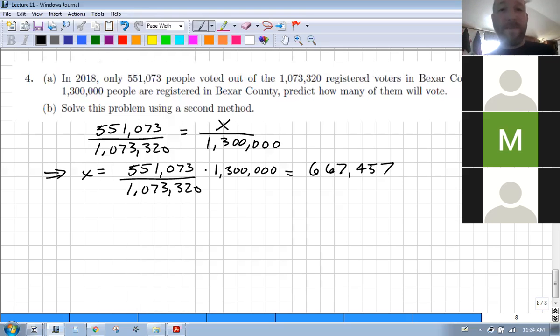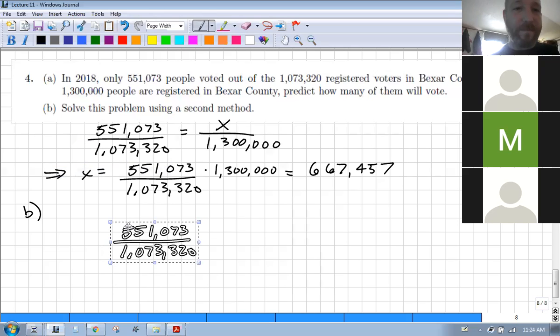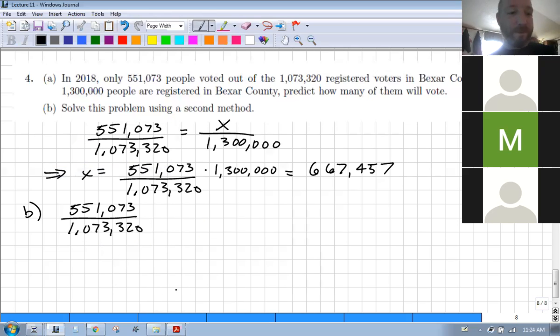We could also do it as a second method with percentages, right? 551,073 divided by 1,073,320. That's 0.513, or 51.3% vote.